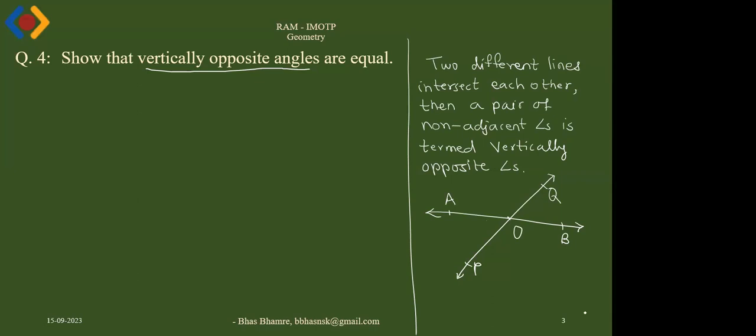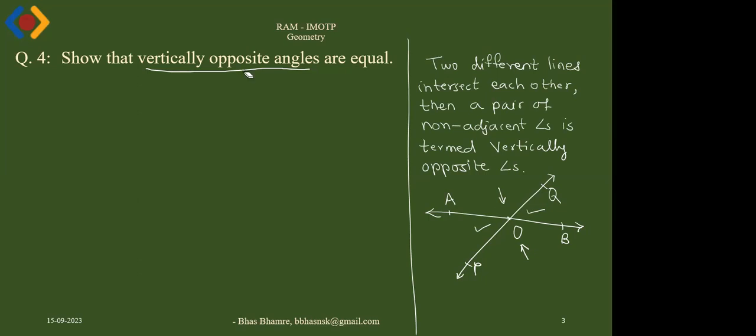Because if you see here, angle AOQ and angle BOQ are adjacent. Moreover, angle BOQ and angle BOP are adjacent. But according to the definition, we want non-adjacent. So there comes AOP. Then AOP and angle BOQ are vertically opposite angles. Simultaneously, we have another pair, that is angle AOQ and angle BOP are vertically opposite angles.